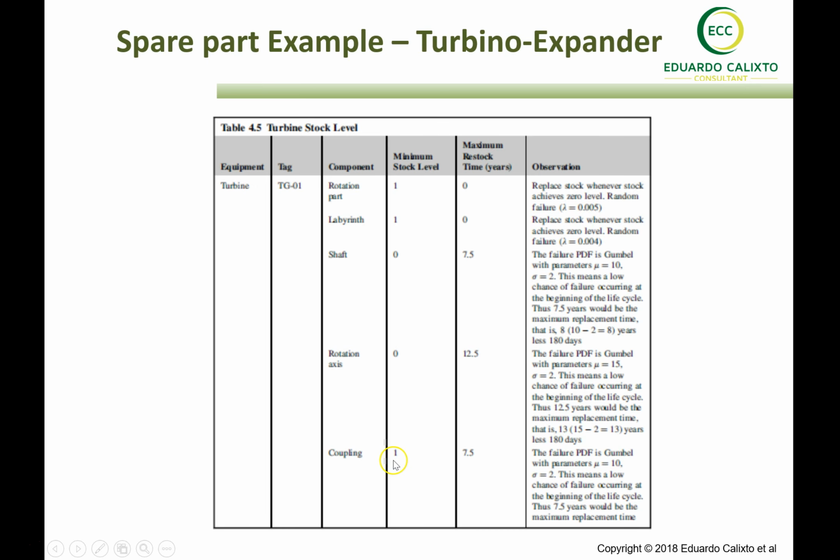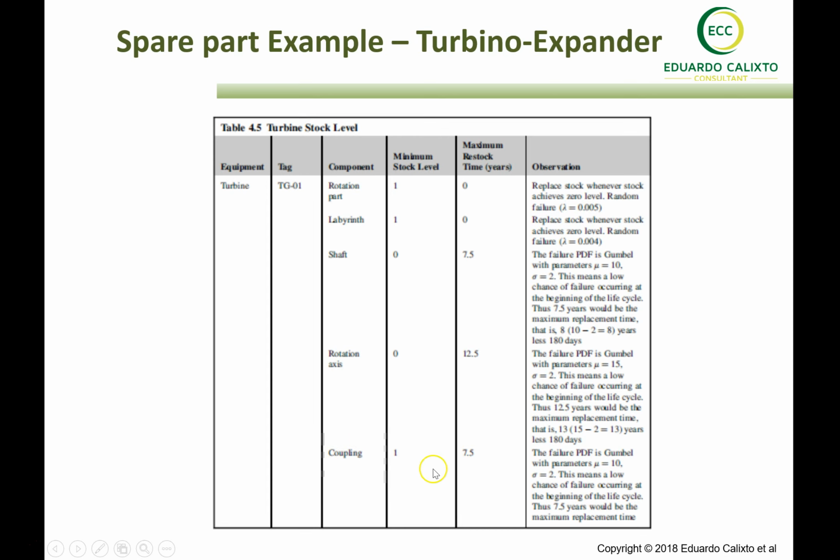For other components, for example the coupling, we have one spare part. The question is, it's very similar to the shaft, so why do we have one spare part for the coupling? Because after this proposal and the simulation, we demonstrated that it's not necessary to have a coupling as a spare part, but based on maintenance experience, the coupling is a very critical component.